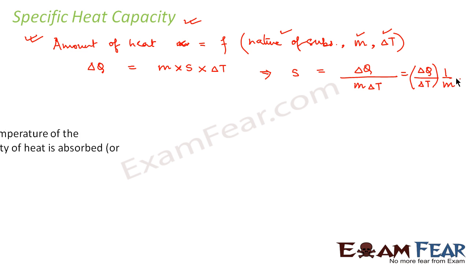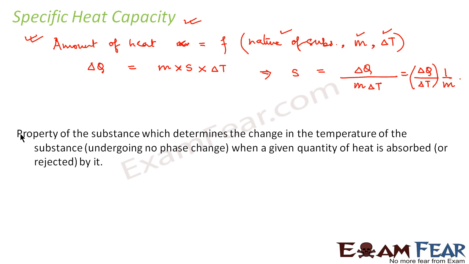Now let us look at how it is defined. It is the property of a substance which determines the change in temperature of the substance, undergoing no phase change, when a given quantity of heat is absorbed or rejected by it.